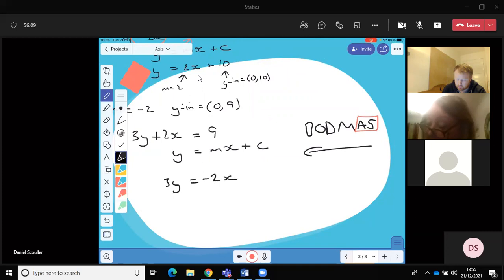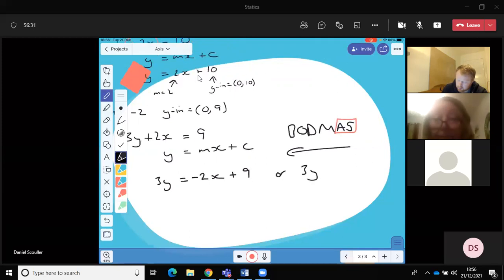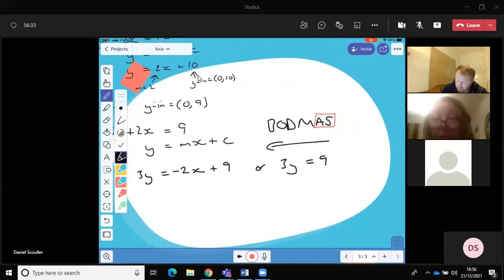equals minus 2x plus 9. And I've put that minus 2x. It might look a wee bit wrong, I suppose, or a wee bit untidy, but that's the way the format is. So we want it in the mx plus c. If you wrote it like that, it's the exact same.